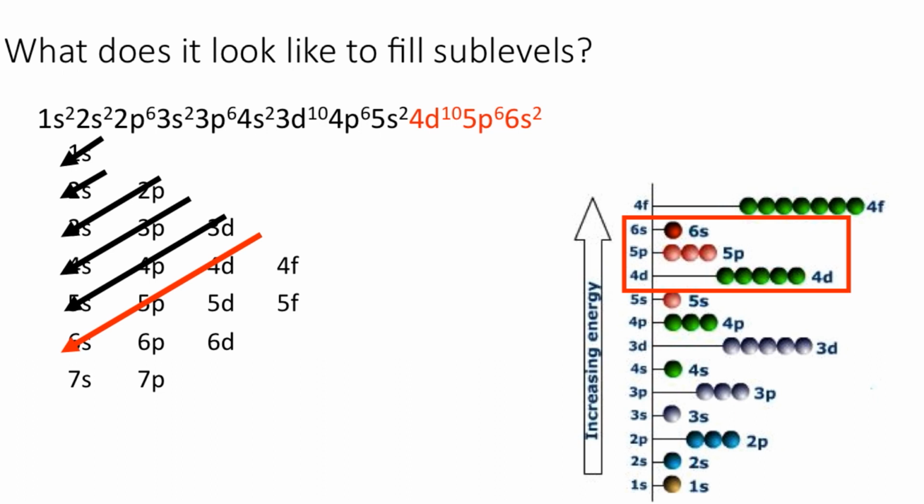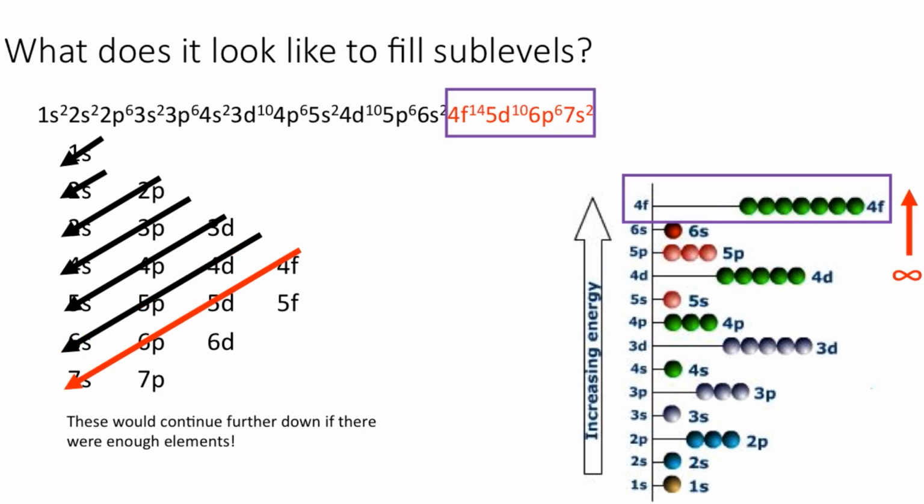We end up hitting another snag as we reach the F sublevel. Now, again, due to electron repulsion forces, the F sublevel is of even higher energy and fills after the S sublevel 2 energy levels above it. This means that the 4F sublevel does not actually fill until after the 6S sublevel.